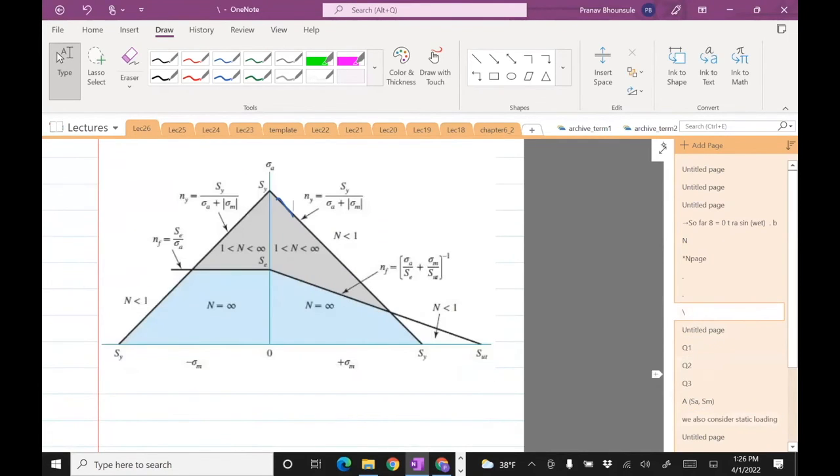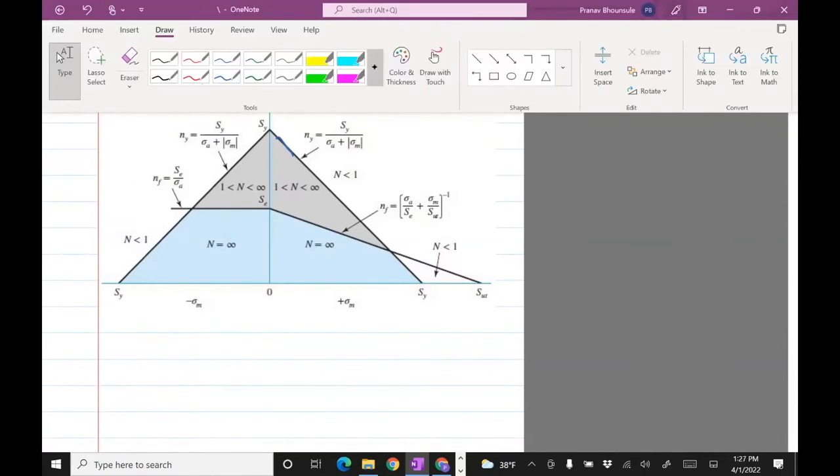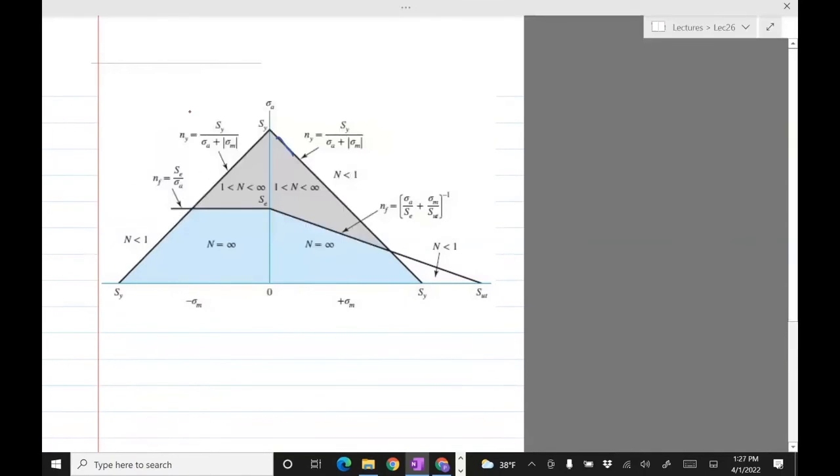And that plot looks like this. So this is a combination of the two. It looks very crowded, but let me simplify this. Okay, so first of all, this is the Goodman line. You can recognize that it is constant on the negative sigma M axis.